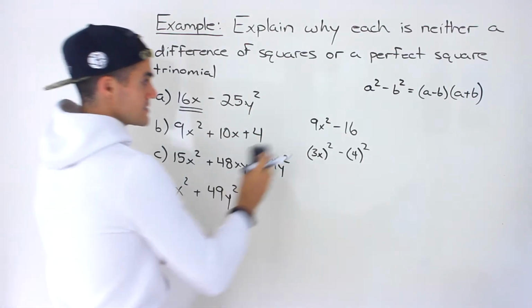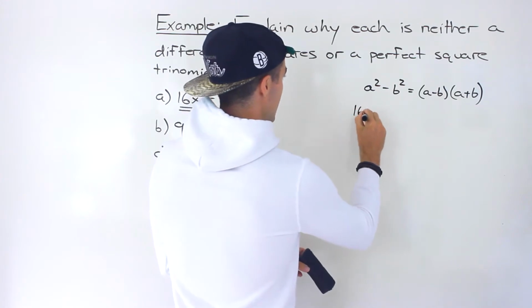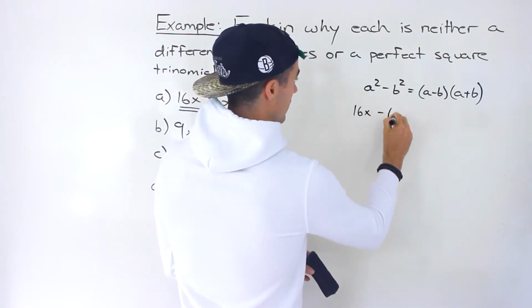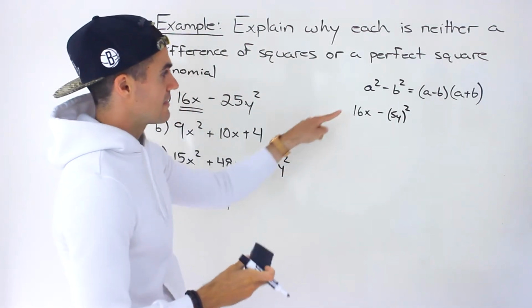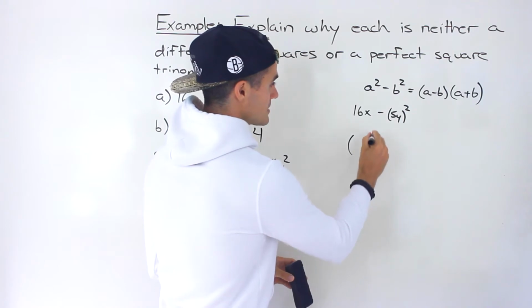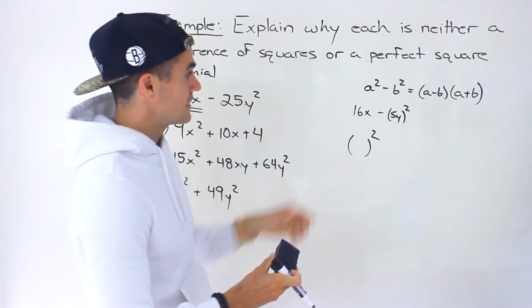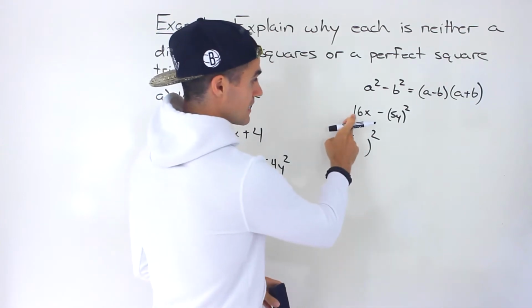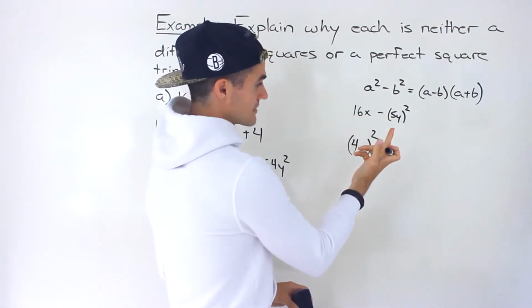This 25y squared, we can. I could take the 25y squared and rewrite it as (5y) squared. But notice that for this 16x, there's nothing I could put in brackets and square in order to get that. You could take the square root of 16, so you could put a 4 here, but you can't take the square root of x.